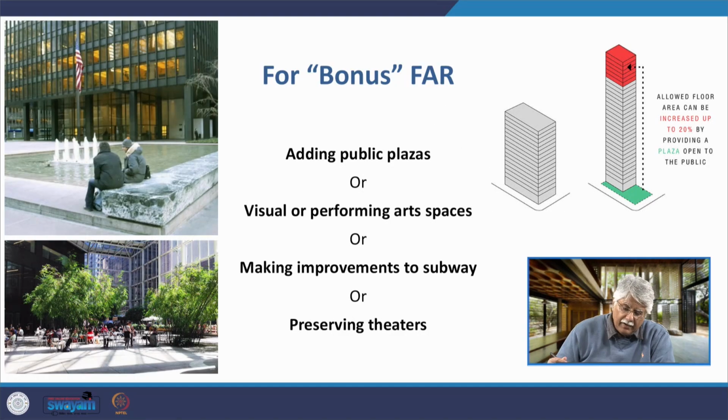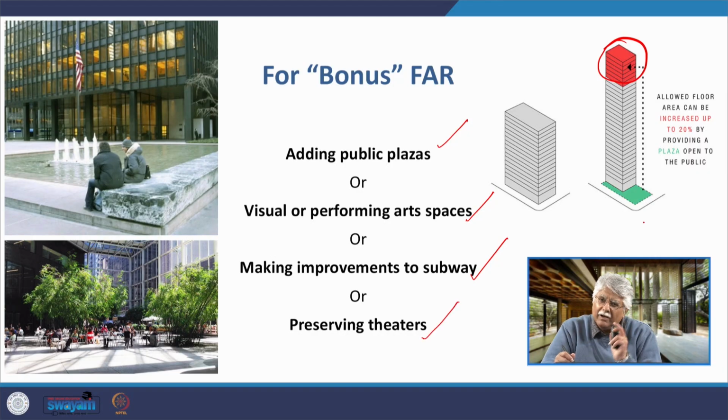So this is what happens with the bonus FAR: the floor area can be increased by up to 20% by providing a plaza open to the public. When we add public plazas, we can have visual or performing art spaces, or make improvements to the subway entrance, or preserve theatres.